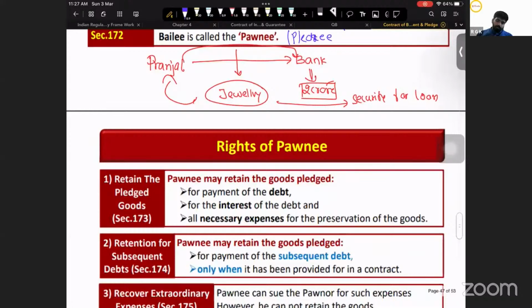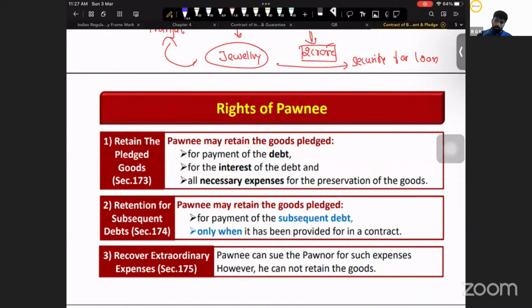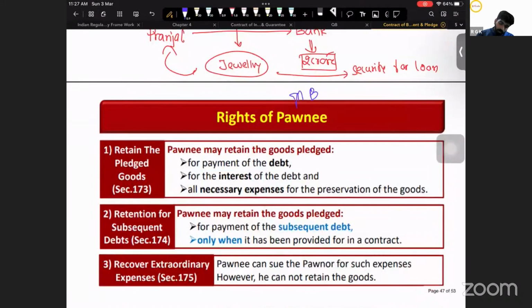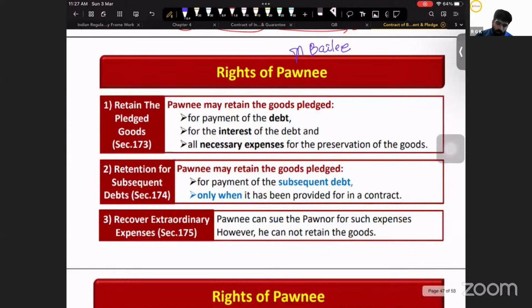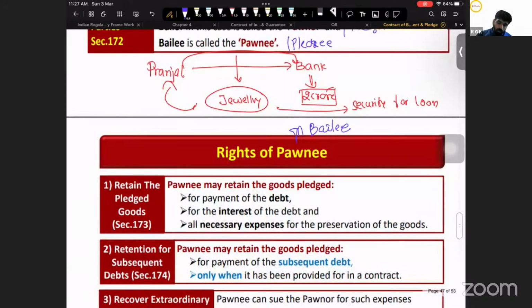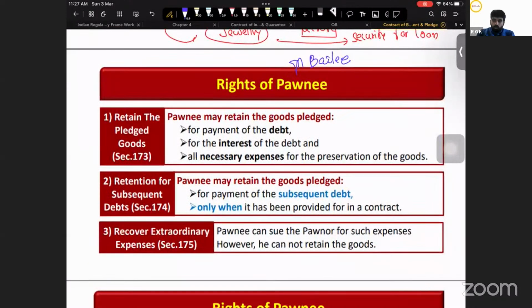Now, pawnee is nothing but bailee. So his rights are almost similar to the bailee's. Of course, there are a few alterations here. What are those? We have to see. Retain the pledged goods.